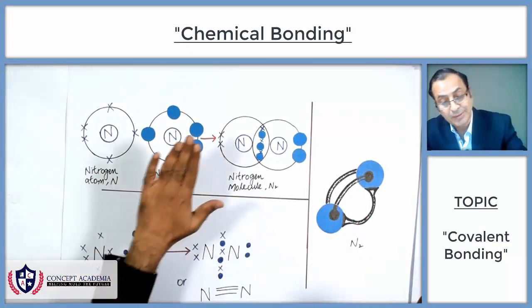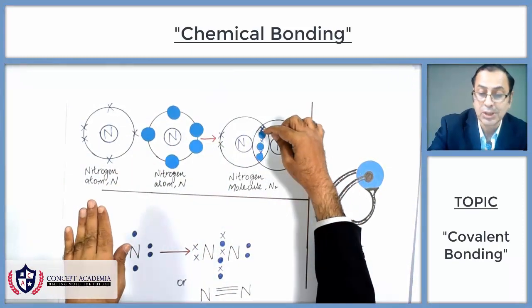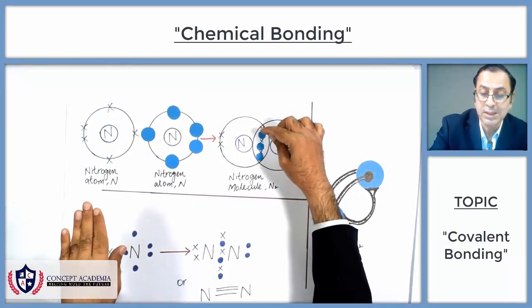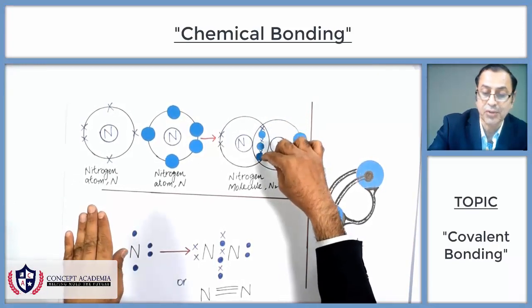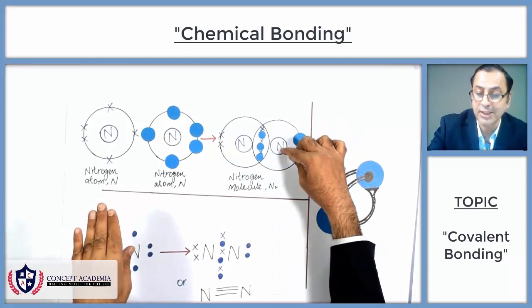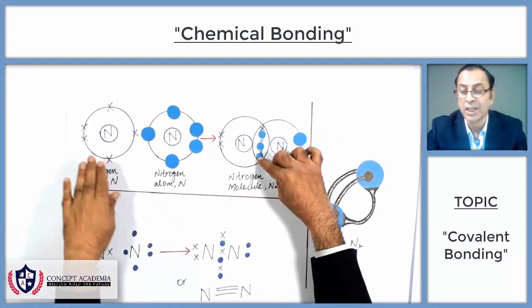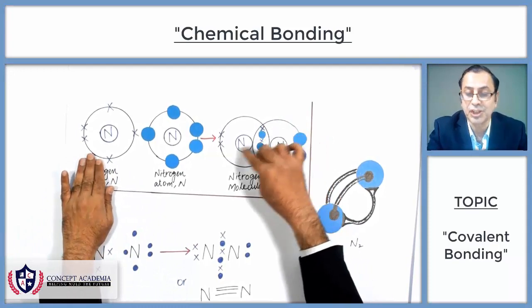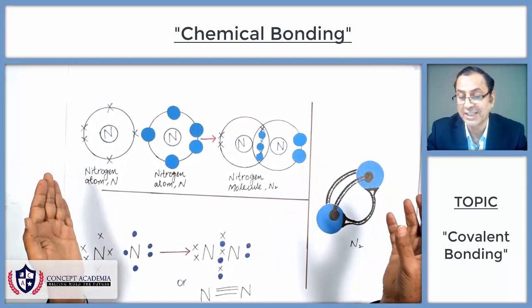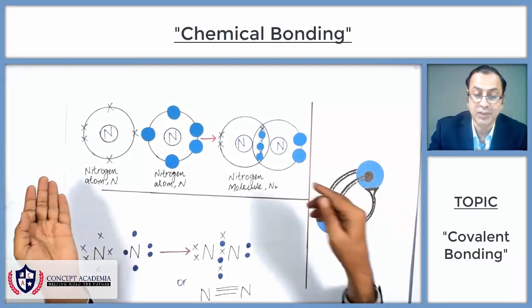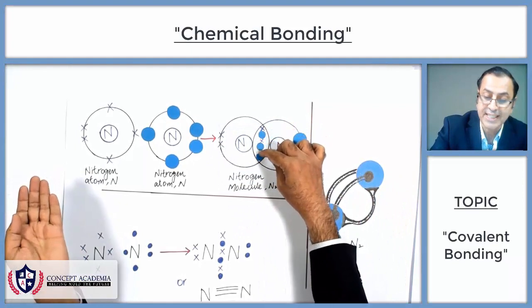So this nitrogen will share its 3 electrons: 1, 2, 3, crosses from this nitrogen, and 3 electrons as dots, 1, 2, 3. The 3 electrons are shared between nitrogen and nitrogen, and because of this they have got an octet. We can count: 1, 2, 3, 4, 5, 6, 7, 8.